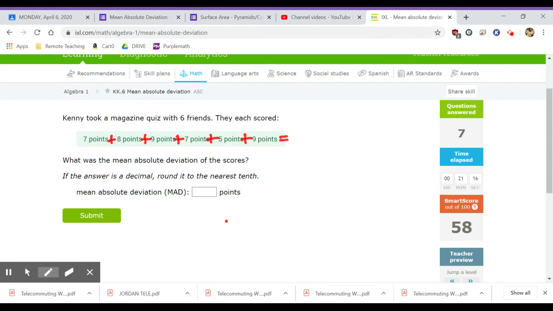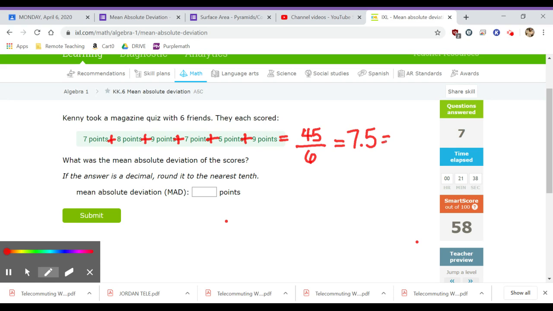That is going to be 45. And I have 1, 2, 3, 4, 5, 6. So 45 divided by 6 is going to be 7.5. So our mean is going to be 7.5.